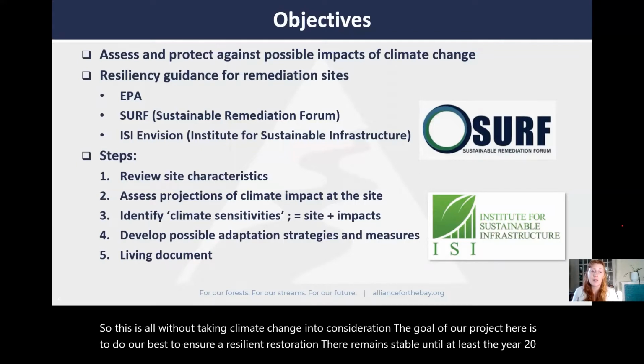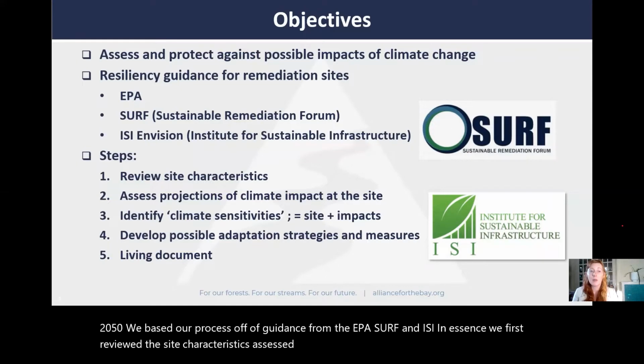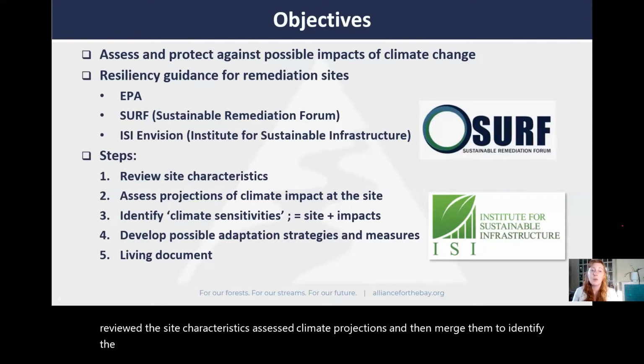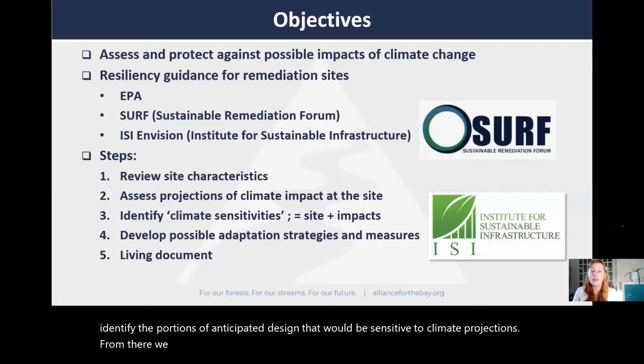We based our process off of guidance from the EPA, SURF, and ISI. In essence, we first reviewed the site characteristics, assessed climate projections, and then merged them to identify the portions of anticipated design that would be sensitive to climate projections. From there, we developed adaptation strategies to include in the design, as well as monitoring needed to ensure the design is performing as intended.